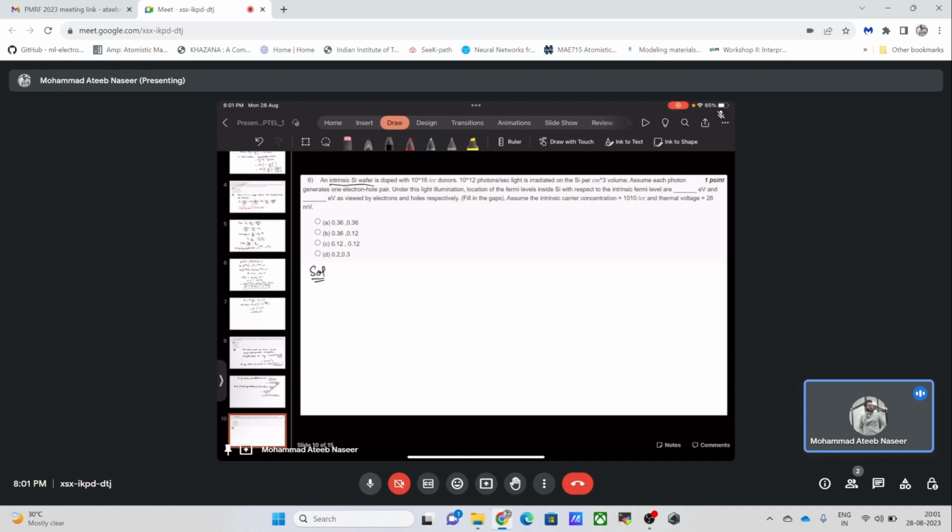So basically, the semiconductor system moves away from thermal equilibrium.